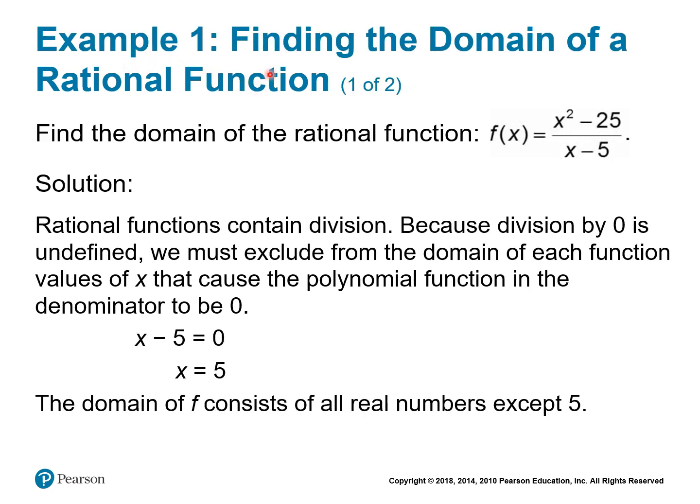Here's an example on finding the domain of a rational function. So the question is, find the domain of the rational function f of x equals x squared minus 25 divided by x minus 5. So whenever the expression has a denominator in it and there is an x variable in the denominator, we have to make sure that we do not input any values of the variable which will make the denominator equal to 0.